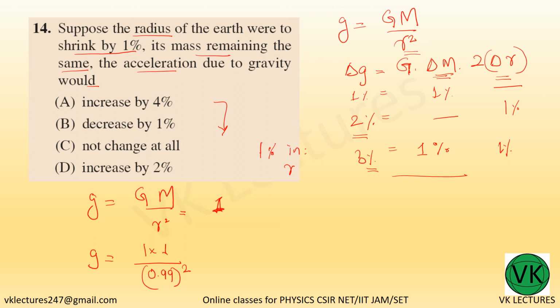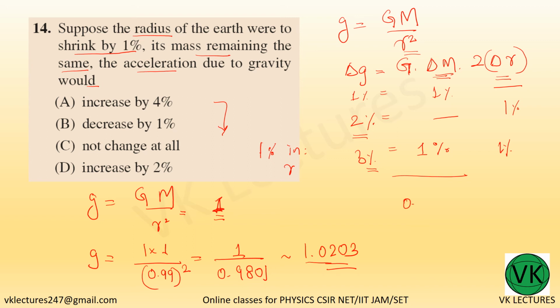There is a 1% change. So this is nothing but 1 divided by 0.9801, since 99 square is 9801. This value is nearly equal to 1.0203. Earlier you had 1, now you have 1.0203.